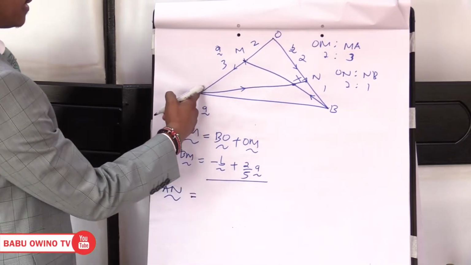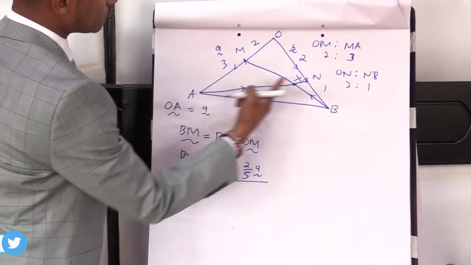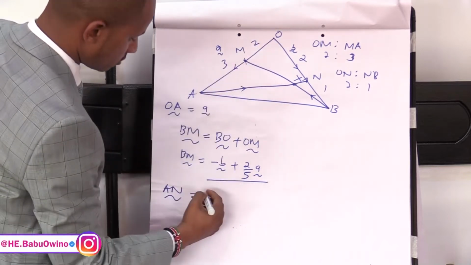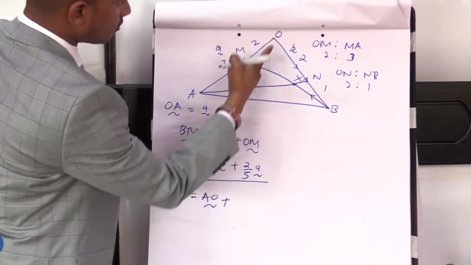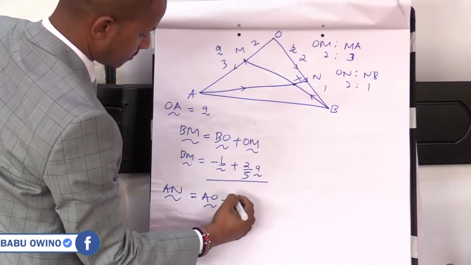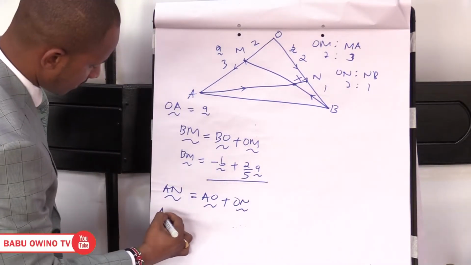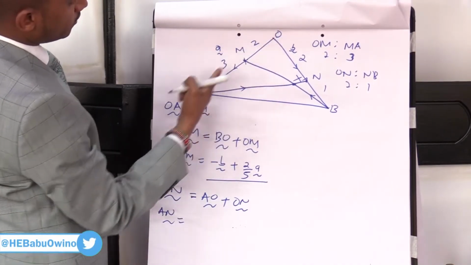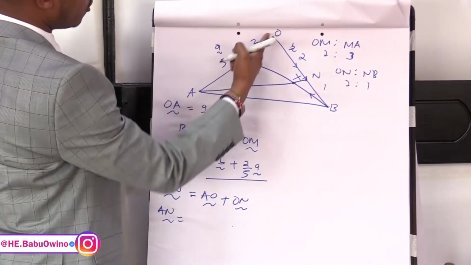AN, A to N. How do you move from A to N? You can move from A to N going from A to O, then go from O to N. So AN equals to A to O, if O to A is A, A to O is the reverse.